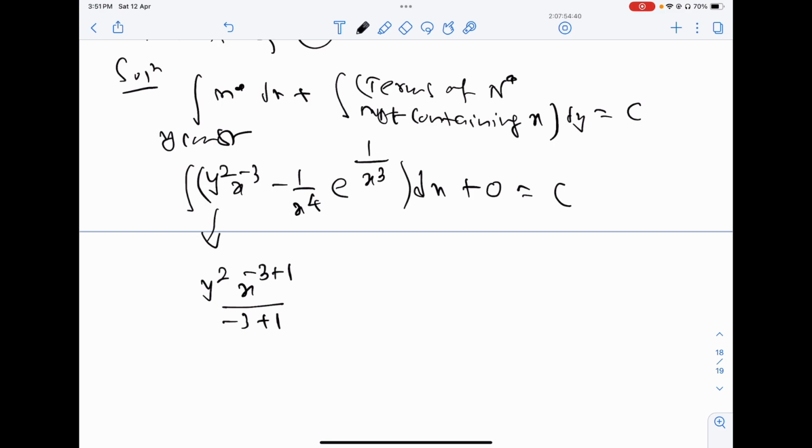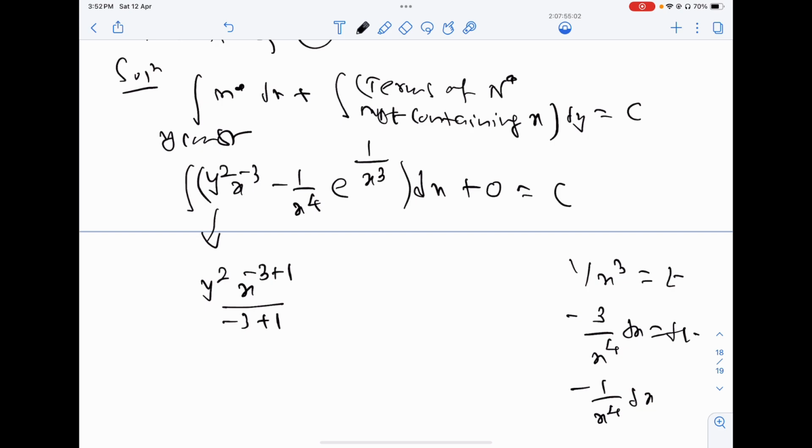For this, let us take 1 upon x cube equal to t, then minus 3 by x power 4 dx equal to dt. So minus 1 over x power 4 dx equal to dt by 3.